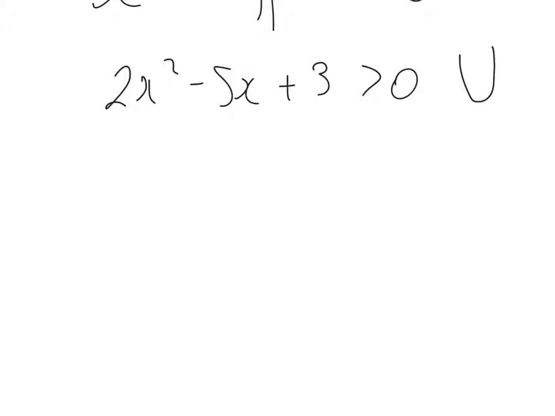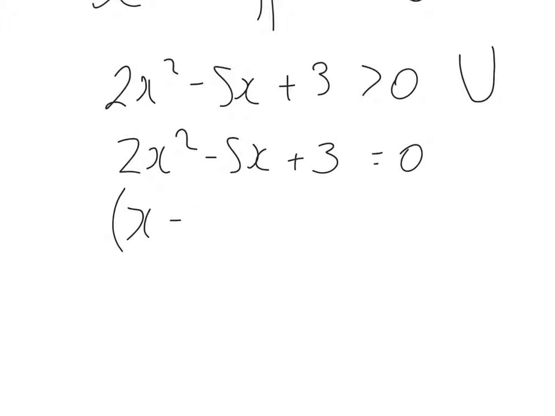Okay, the next one we're going to solve is 2x squared minus 5x plus 3 is greater than 0. So again, positive x squared, it's a U-shaped parabola. I'm then going to find the roots by making the thing equal to 0. Whatever method you've got for factorising that, you would use that to get x minus 1 bracket 2x minus 3.